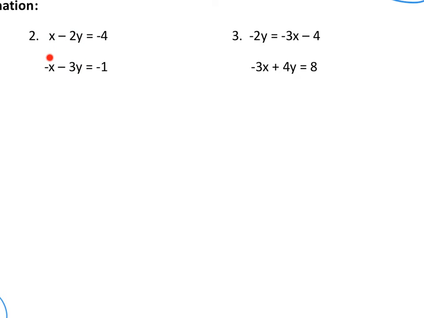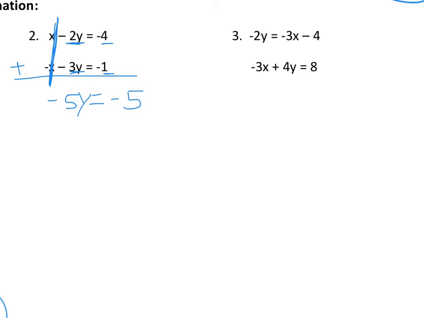This is positive 1x, this is negative 1x. So that tells me I can add these equations together. So when I add the x's, these eliminate. When I add the y's, pay attention to the negative before it. Negative 2y plus negative 3y is negative 5y. I line up the equal sign, and then negative 4 plus this negative 1 is negative 5.